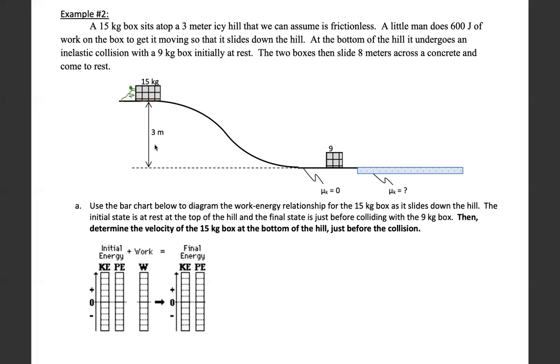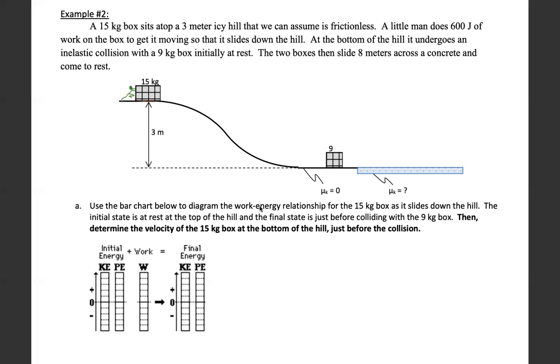It also has some potential energy due to its elevation. Then it slides down, and that potential energy is converted into kinetic energy. So we're going to have the kinetic energy from this 600 joules of work plus the kinetic energy from turning the potential energy into kinetic energy as well.